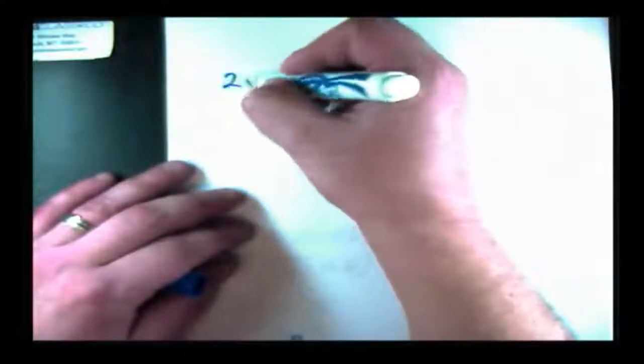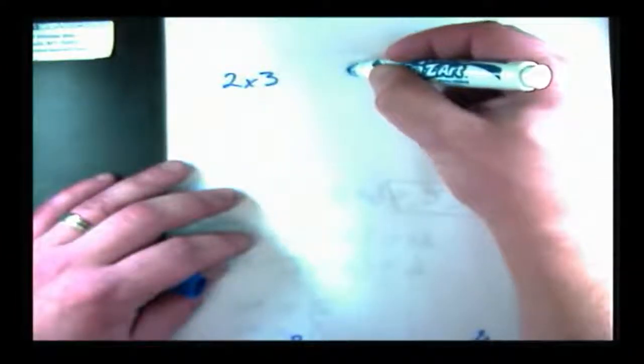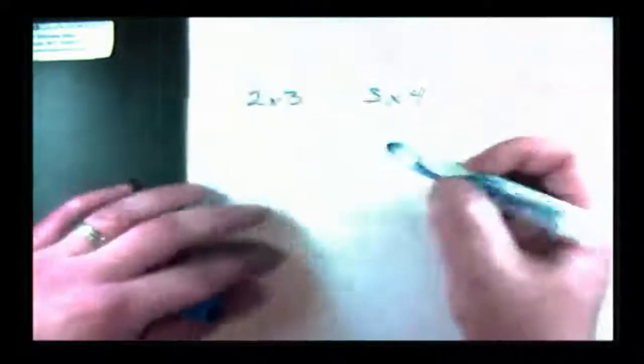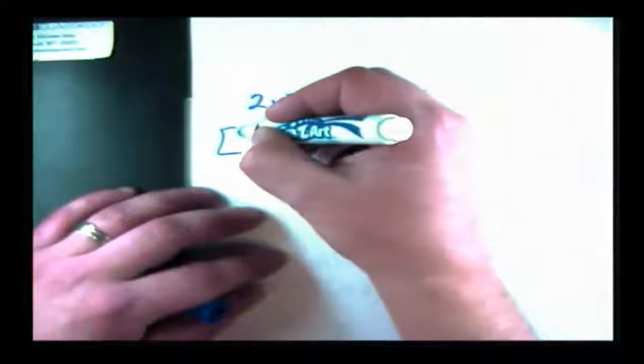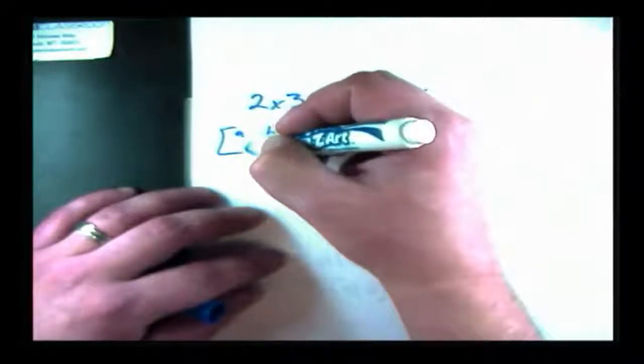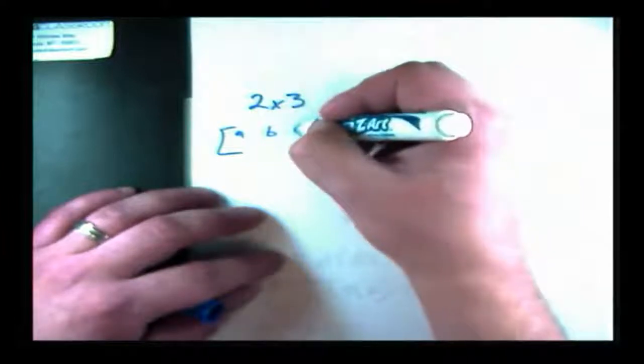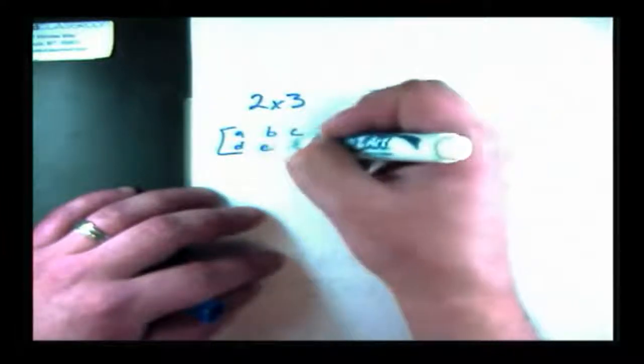Just to explain a little bit more about what I was talking about, matrices of different sizes. You could have a 2 by 3 and a 3 by 4. So a 2 by 3 would be 2 rows by 3 columns, so A, B, C, D, E, F. So 2 rows, 3 columns.